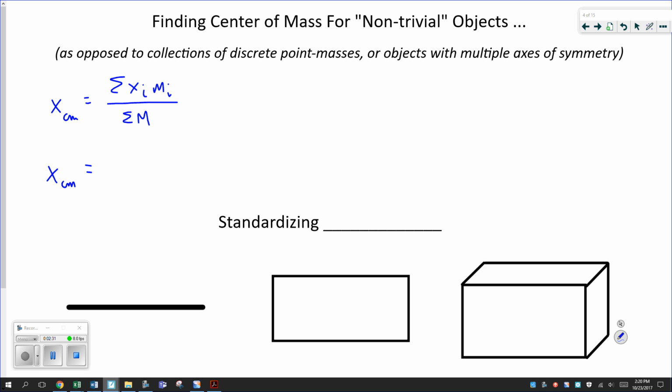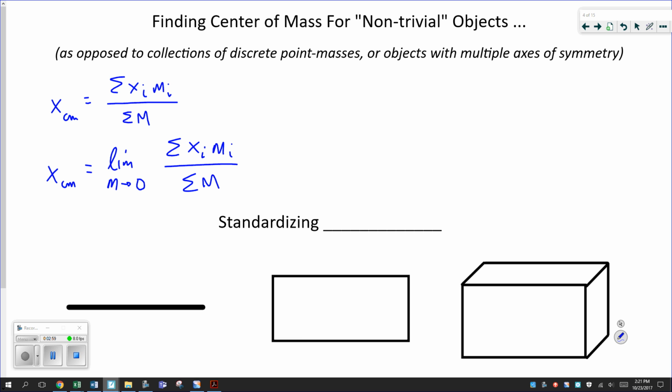And we can say that the center of mass we can actually take as a limit when an object is made up of a ton of objects that are really, really small. So we look at the limit of how small these masses get, and each one of them is still located at a certain place, and there's still some total.